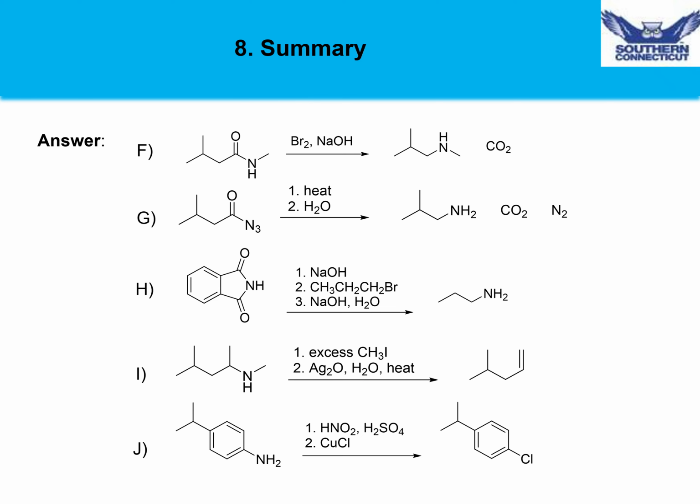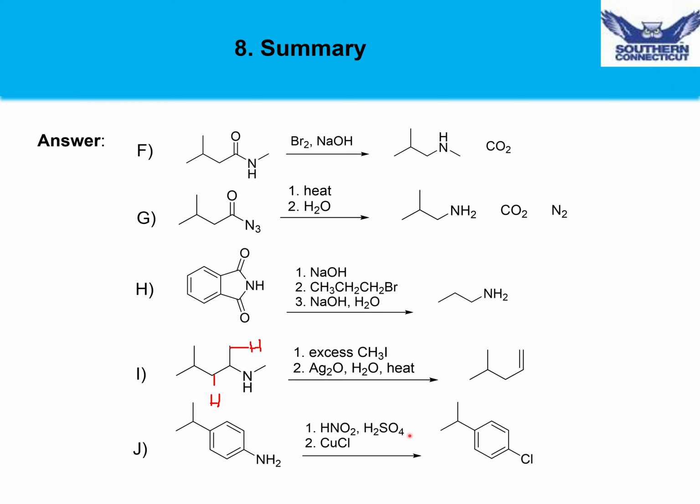The base will remove the least hindered hydrogen on the carbon that is adjacent to the carbon containing the nitrogen. There are 2 possibilities. We can remove this hydrogen on this side or the first one that I drew up here. This is less hindered, so we're going to remove that one. That's typical of the Hofmann elimination. And we're going to get the anti-Zaitsev or the Hofmann alkene.